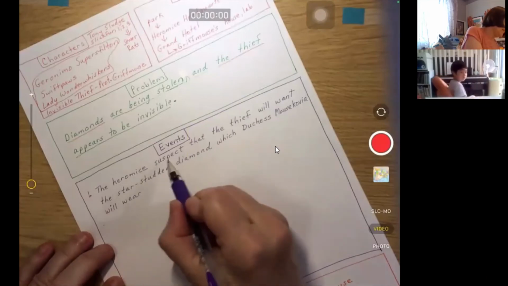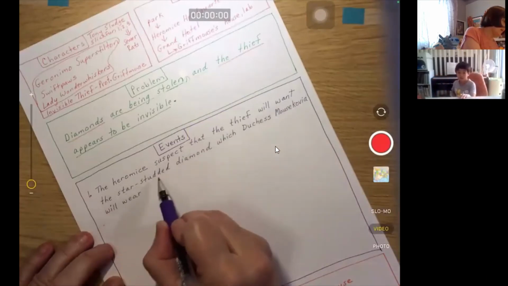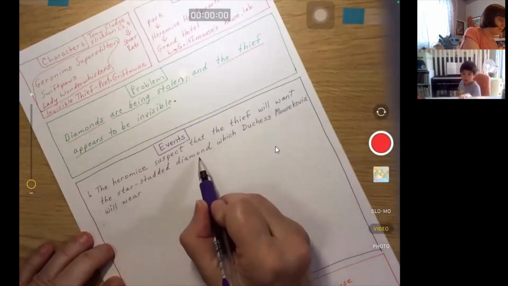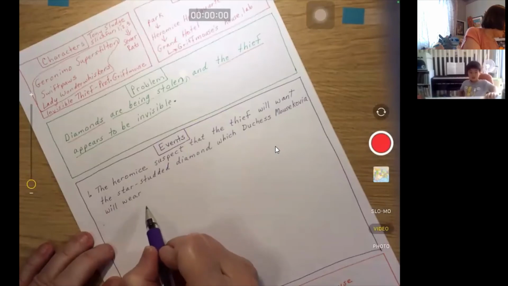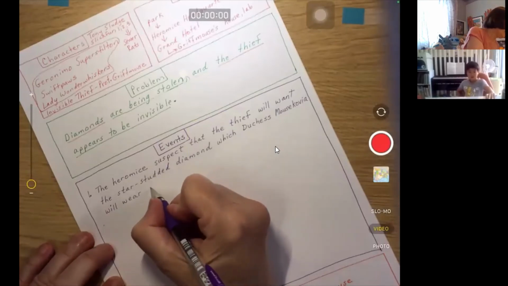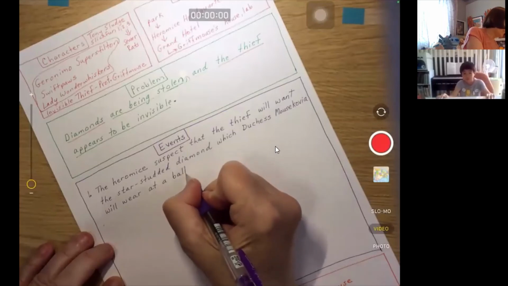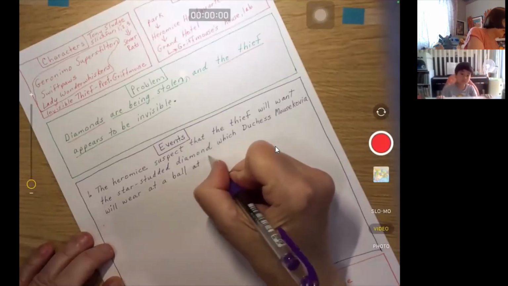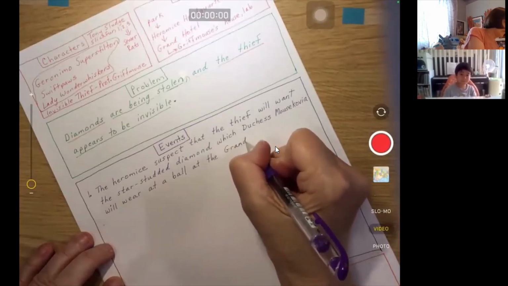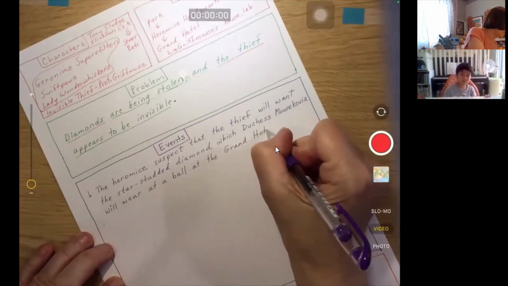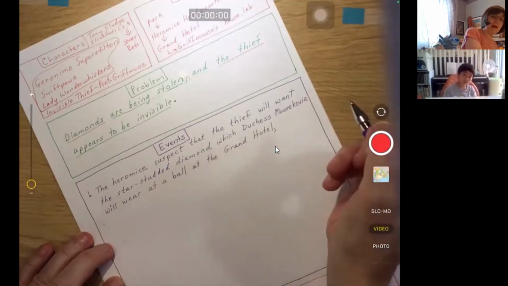The Heromice suspect that the thief will want the star-studded diamond or gemstone, which Duchess Mousecovia will wear at a ball, that's that fancy party, at the Grand Hotel. Okay, that's what they think is going to happen.